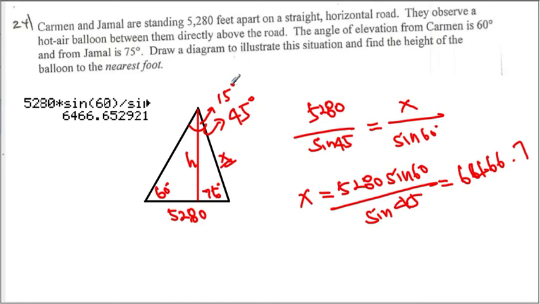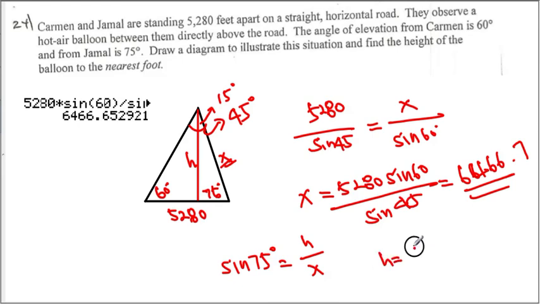In fact, we don't actually have to figure that out, but since sine of 75 is equal to h over x, and we know the x value, h would have been equal to x times sine of 75.